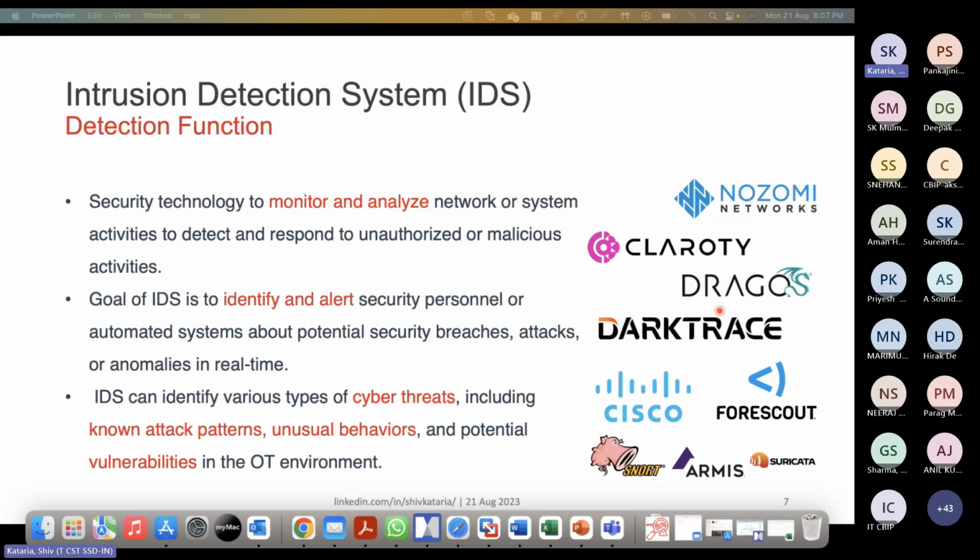IDS are generally useful in terms of identifying the security threats, detecting some known attacks, and also some unusual behaviors. In the next slide, we will be seeing the different types of IDS and how they detect it. But for now, the capability of IDS is to be able to detect the attacks based on the behavior pattern as well as signature pattern.